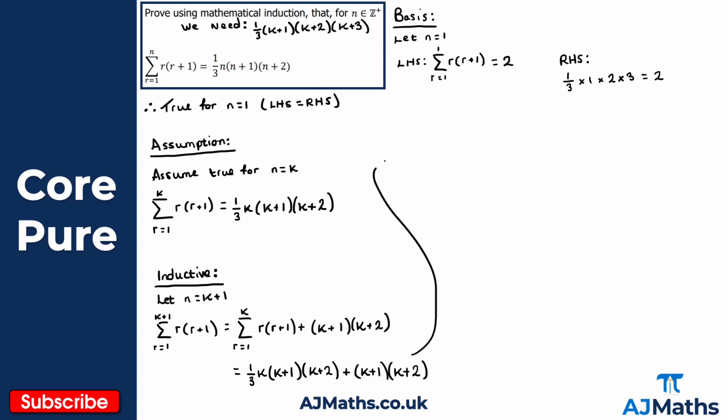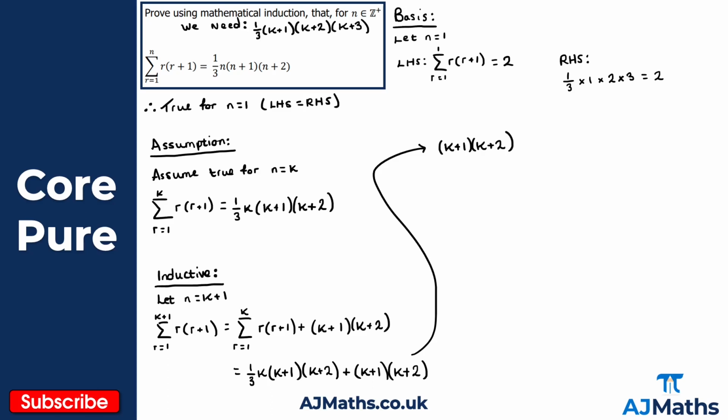So if we go to the top here to complete this, what I notice is I can factor a k plus 1 times k plus 2 out. I'm going to get k plus 1 and k plus 2 on the outside, like so.